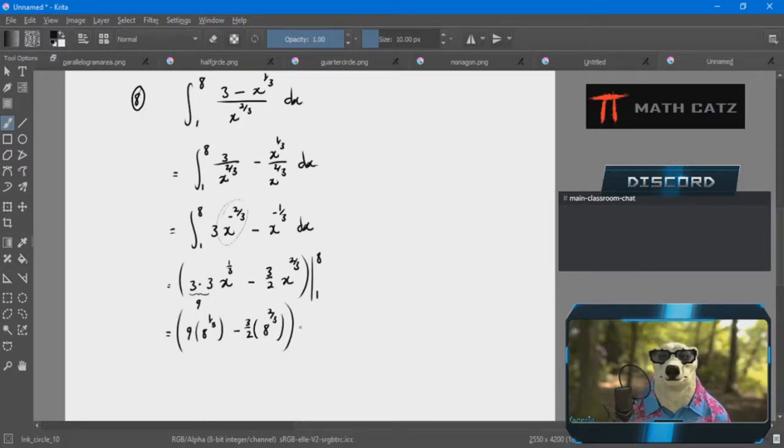All of that minus what I get when I plug in a 1, which is 9 times 1 to the 1/3. Now I know that simplifies. I'm just emphasizing that we have to plug it in this way. 3/2, 1 to the 2/3, like so.